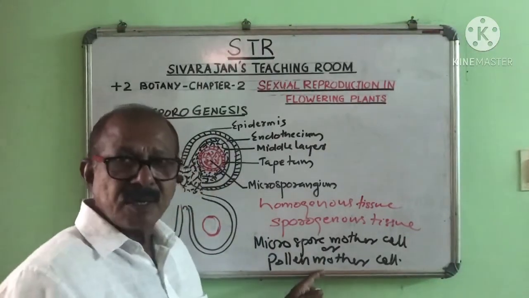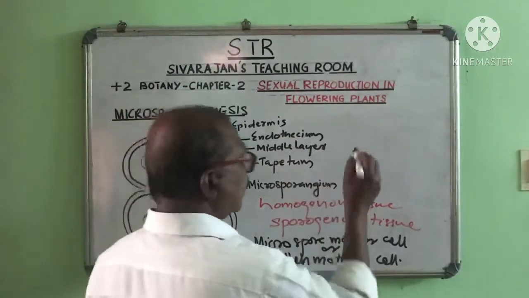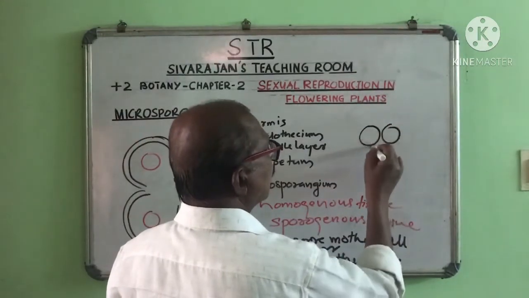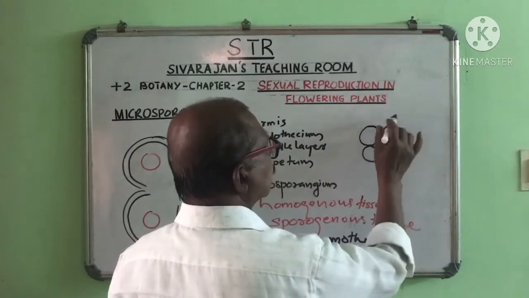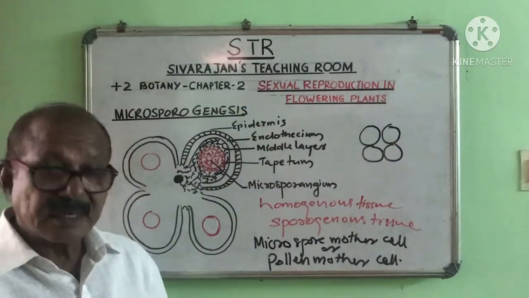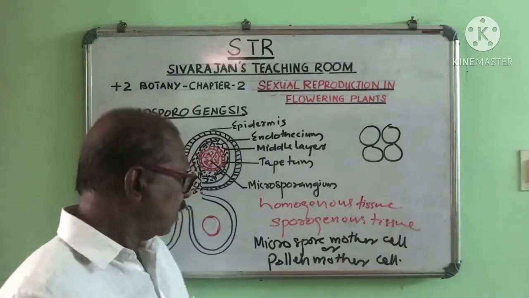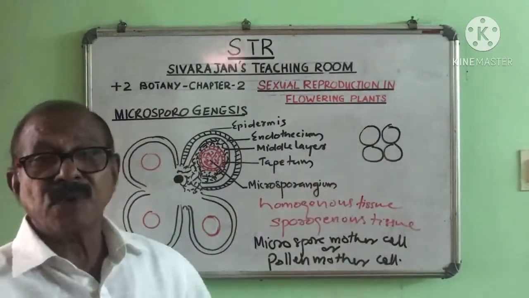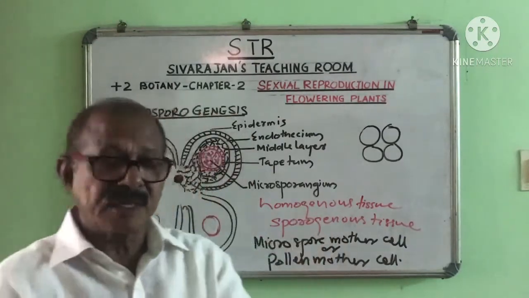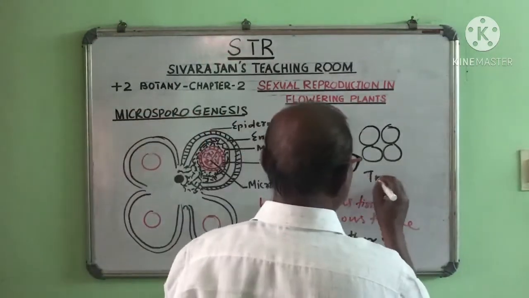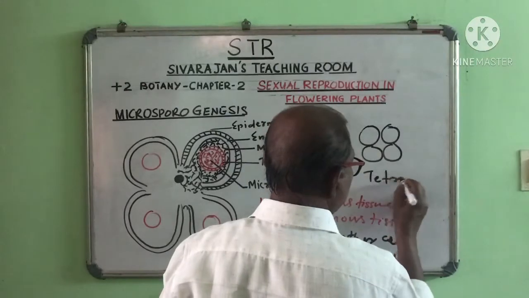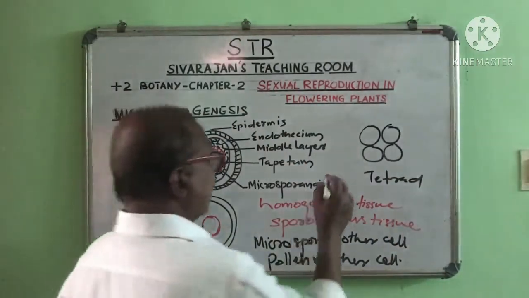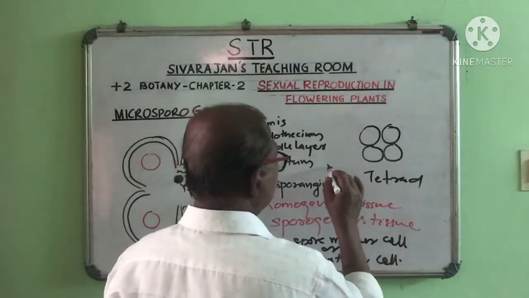It undergoes meiosis. As a result, from a single pollen mother cell, four haploid cells are produced, and all four haploid cells remain together. So it is called a tetrad, a microspore tetrad or pollen tetrad.